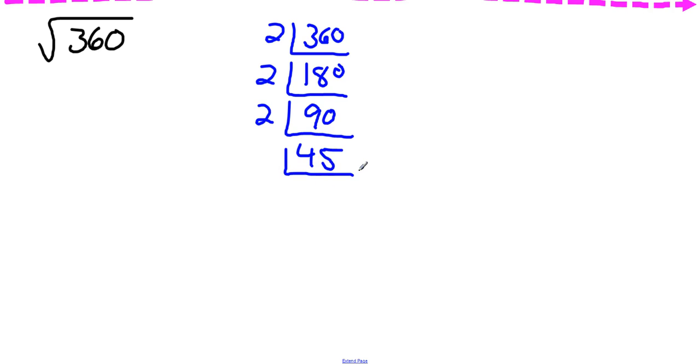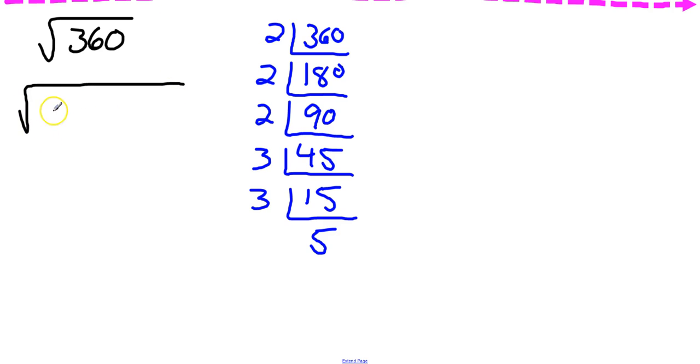What do you do? 3 times 15 or 5 times 9, it doesn't really matter, if you just want to stay with the small numbers and go with 3. 3 goes into 45 15 times. Take 15 divided by 3 to get 5. And 5 is a prime number, so that would be your breakdown in prime numbers. So it's 2 times 2 times 2 times 3 times 3 times 5.